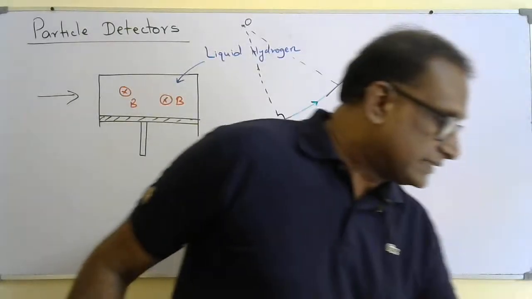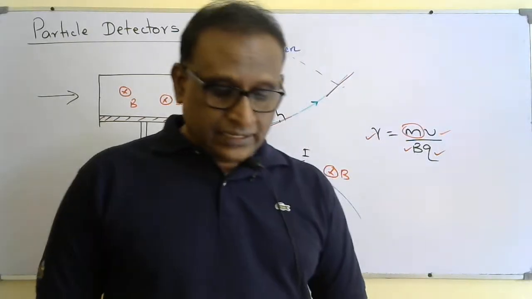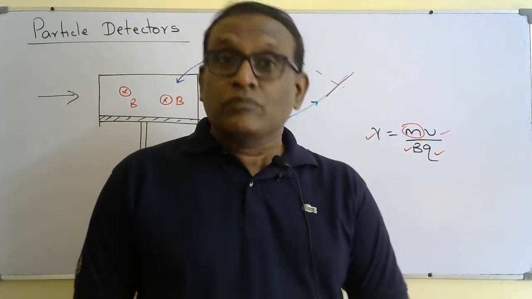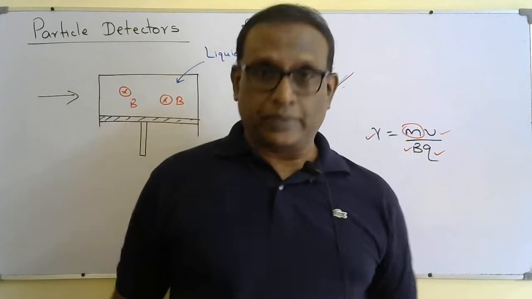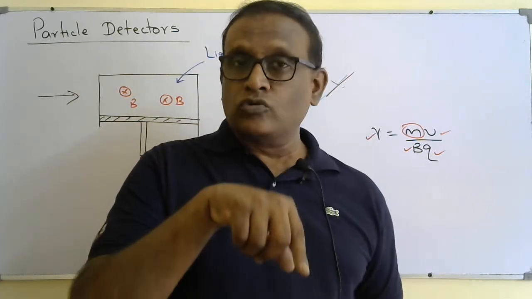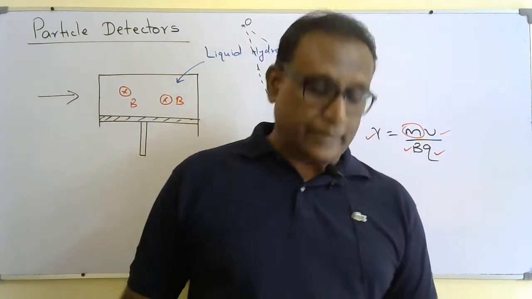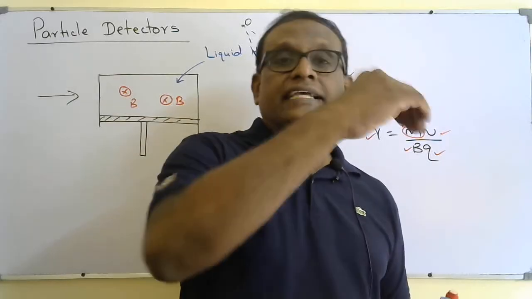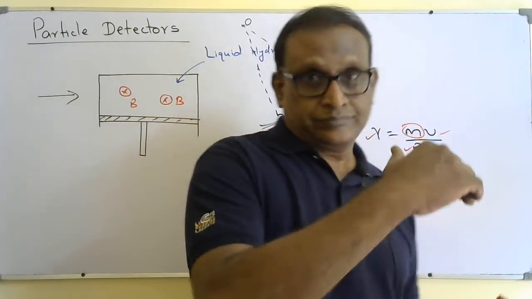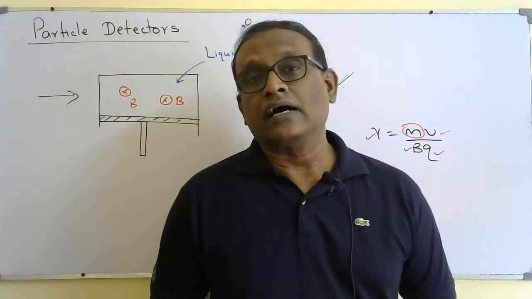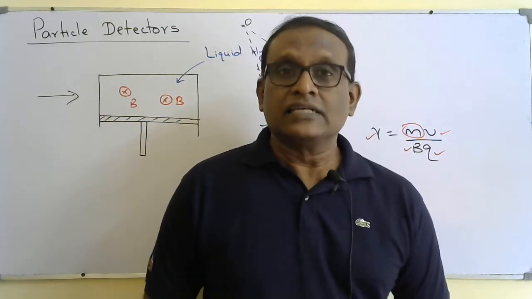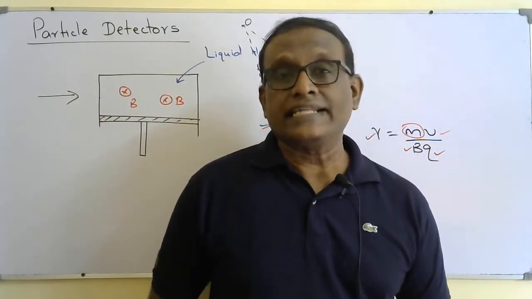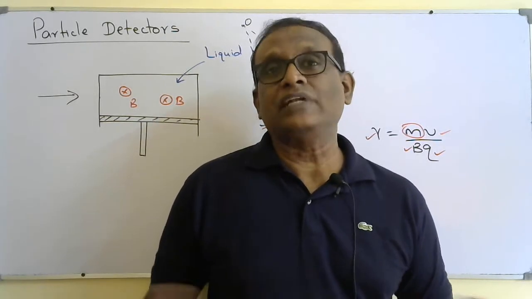Actually, what happens when a charged particle moves inside a medium, they will move in an inward spiral path. When a charged particle moves in a medium, it will move in an inward spiral path because due to continuous collision with the medium of the particle detector, the charged particle will lose its kinetic energy, so its speed will decrease.